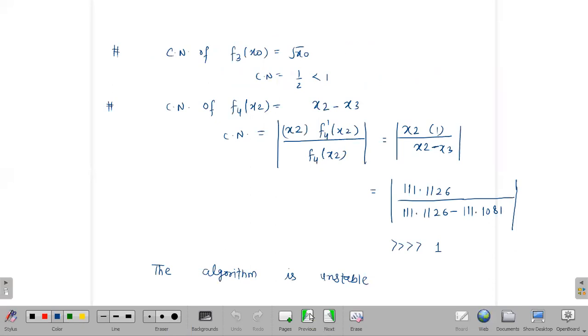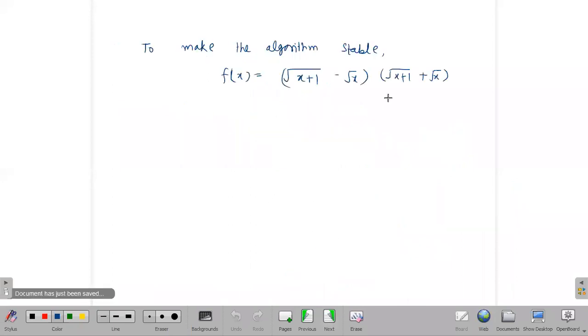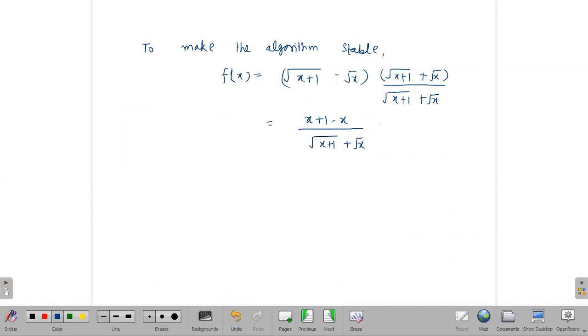So next we take root x plus 1 plus root x. So it will give you x plus 1 minus x divided by root x plus 1 plus root x. So it will be 1 by root x plus 1 plus root x. So now it is the modification.